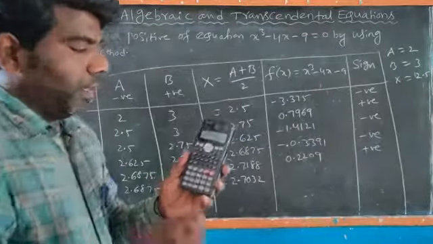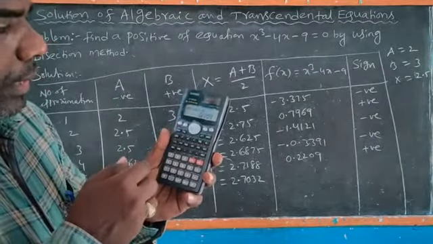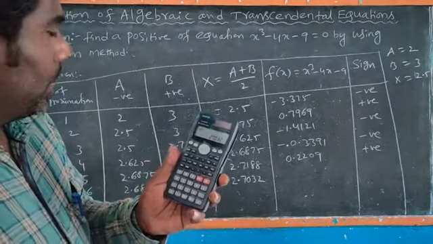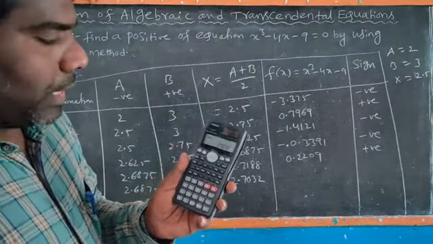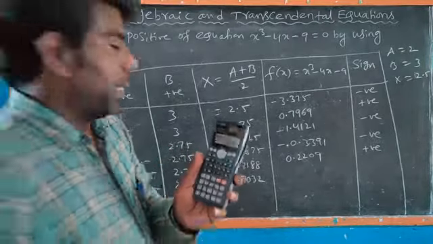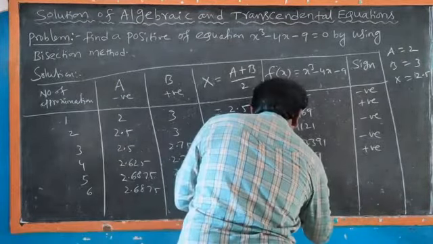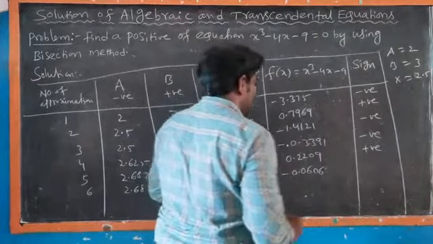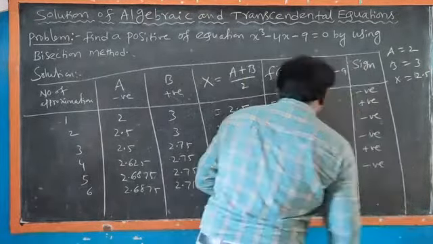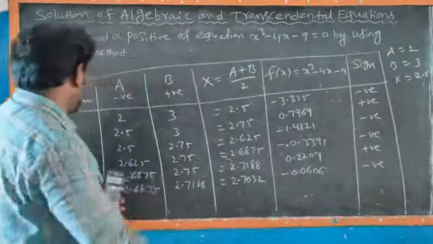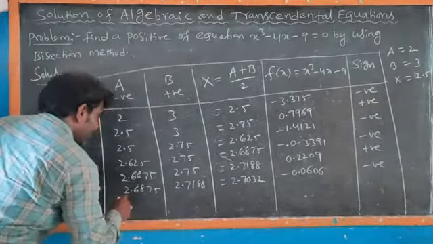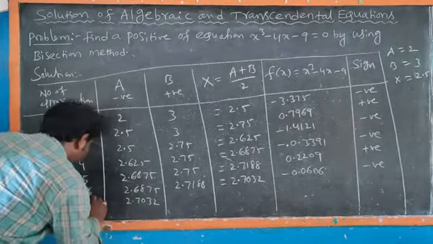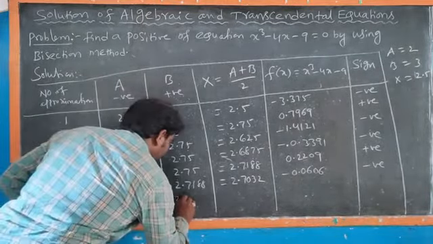Okay, now substitute x in the function, then calculate x 2.7032, then minus 0.0606. This is a negative value. So substitute x in negative a: 2.7032. This is the seventh approximation. The b value is the same.